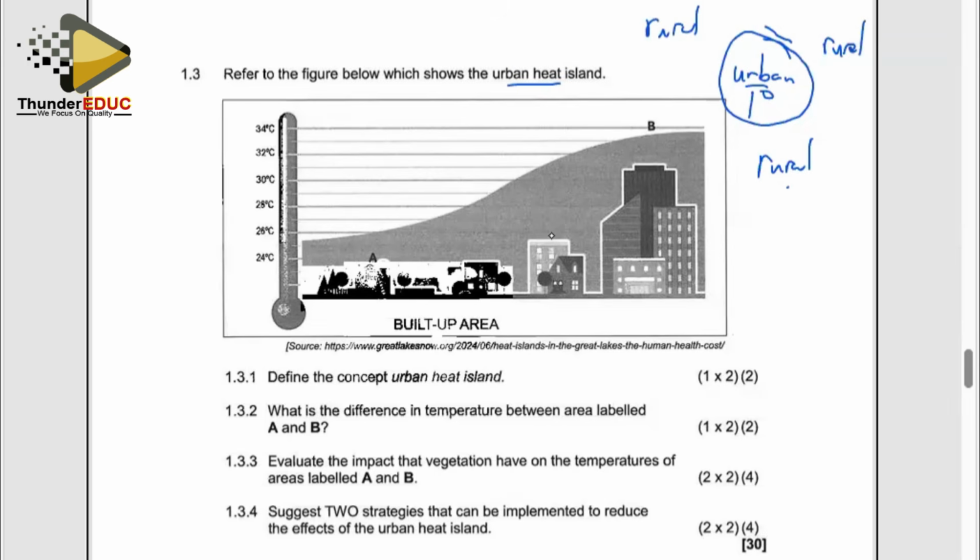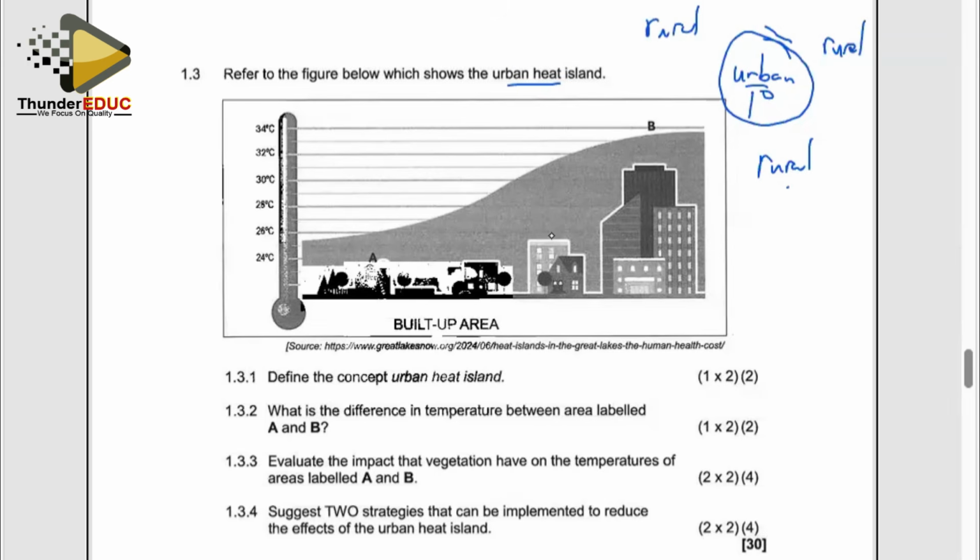Talk about all surfaces, mainly in urban areas, they are artificial surfaces. They are just few natural surfaces. And also talk about the vegetation in the urban area is limited compared to the surrounding rural areas. So for those reasons, we tend to find that there are more factors that contribute towards absorption of heat in the urban area. And as a result, the urban area gets higher temperatures compared to the surrounding rural area.